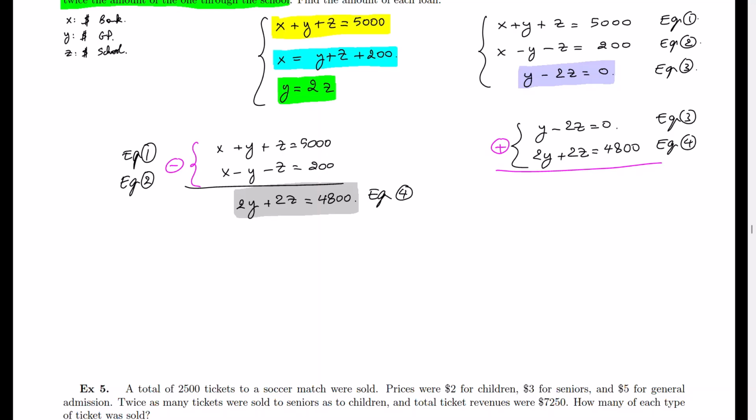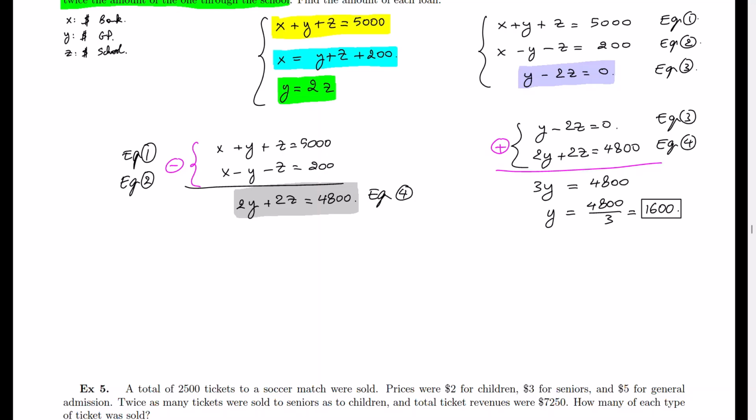So y added to 2y is going to be 3y, negative 2z added to 2z will be 0, and 0 plus 4,800 will be just simply 4,800. So y will be 4,800 divided by 3, which is 1,600. And so there we have it. One of the three missing values is now found.